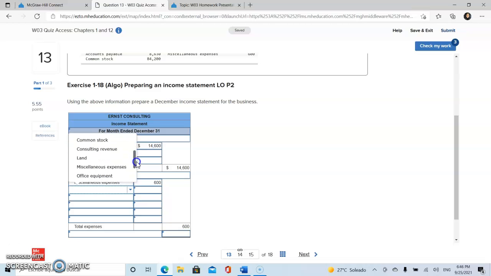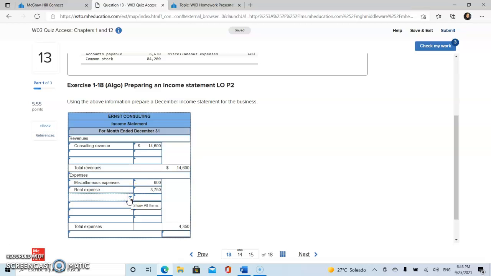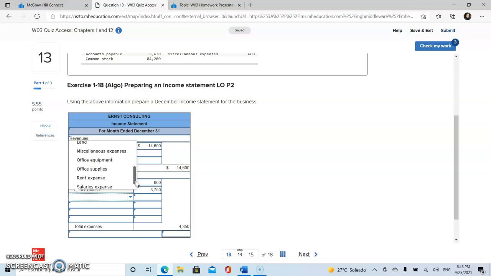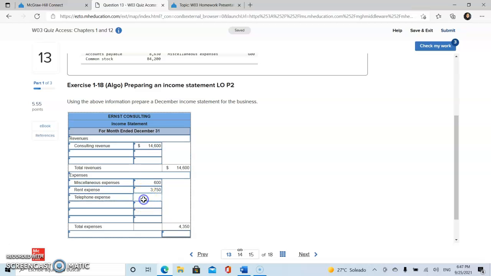Then rent expense, telephone expense, finally salary expense. So this amount right here is going to be our total expense.